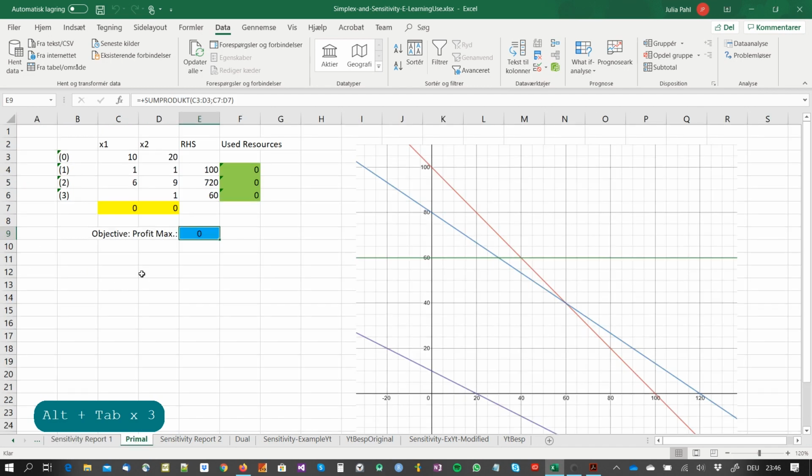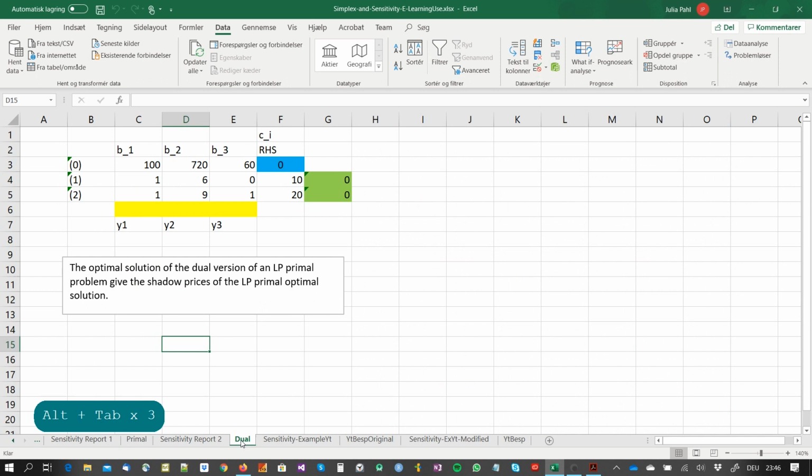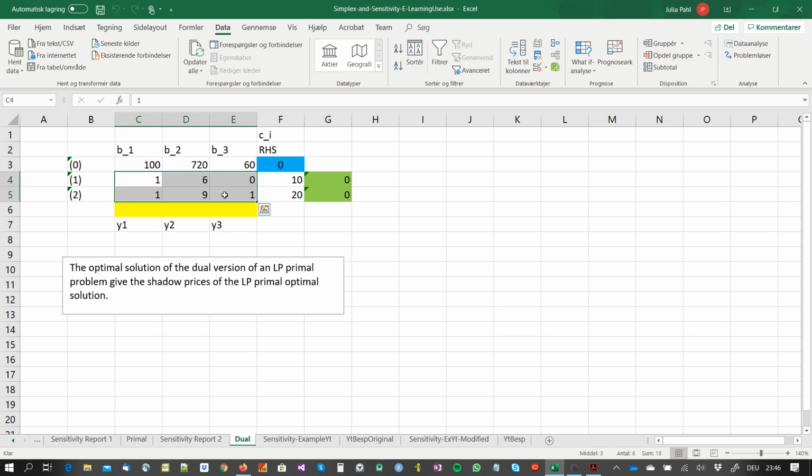We recall that we had to flip the problem to get the dual version of it, meaning that before we were looking at a maximization problem, and now we are looking at a minimization problem, and for the constraints we now have larger or equal to, despite what we had before, which was smaller or equal to.